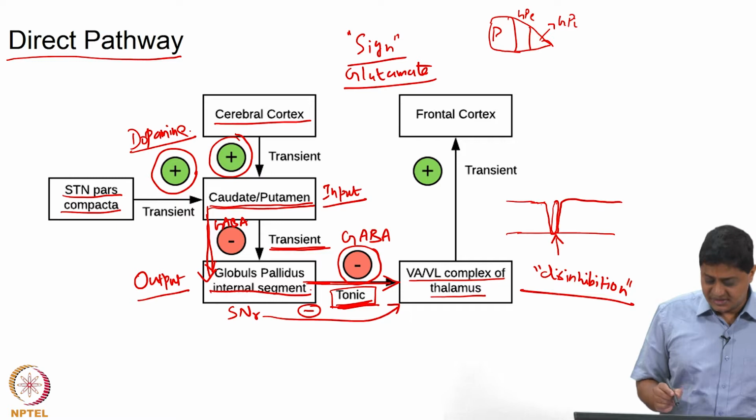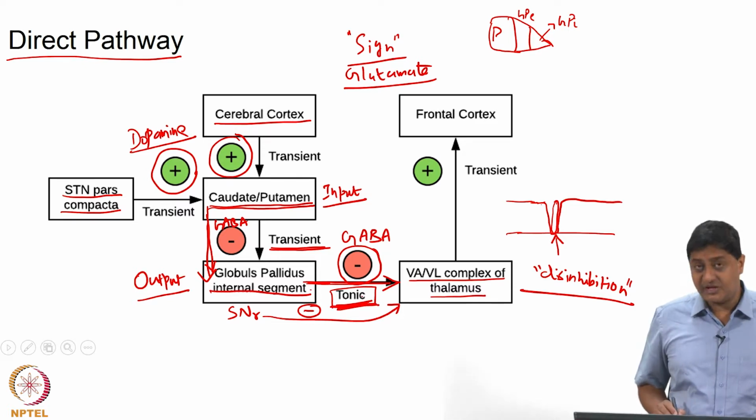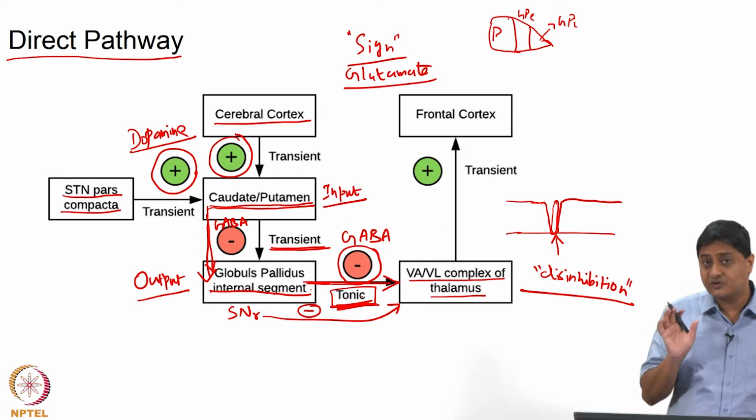So, this is the reason we started by explaining from the tonic inhibition of the GPI neurons. GPI neurons providing tonic inhibition to the thalamocortical neurons is the most crucial element that you should remember.